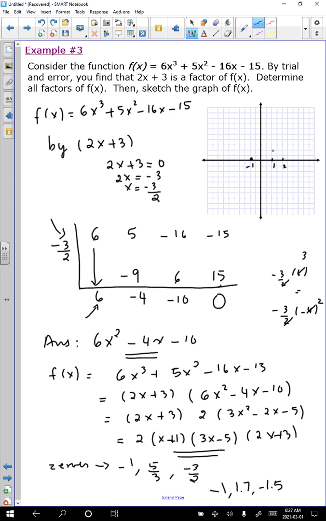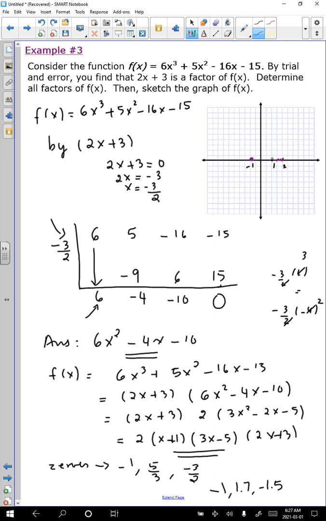So my zeros would be, I'm just going to change the color on them, 1, 0, negative 1. Then 1.7, very close to the other zero I have, which is negative 1.5.